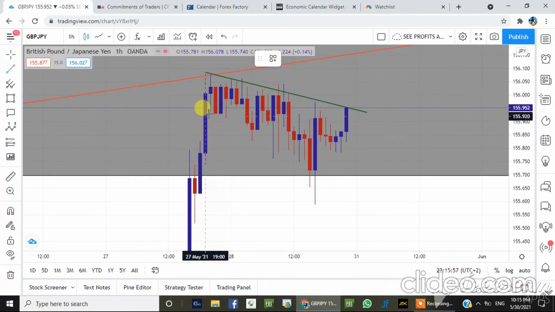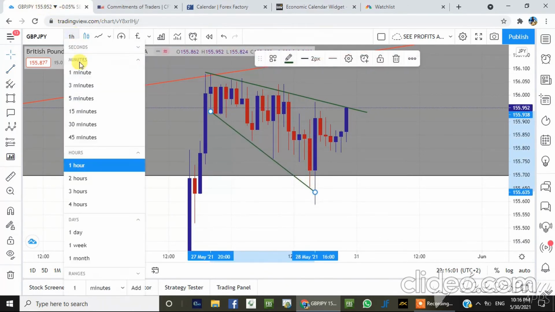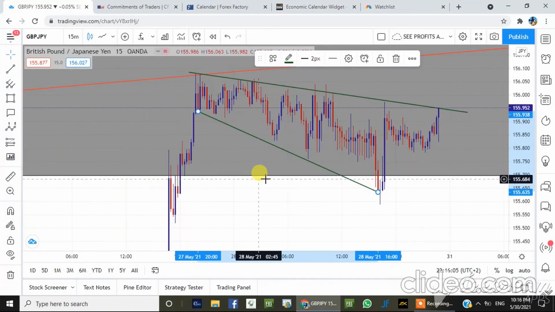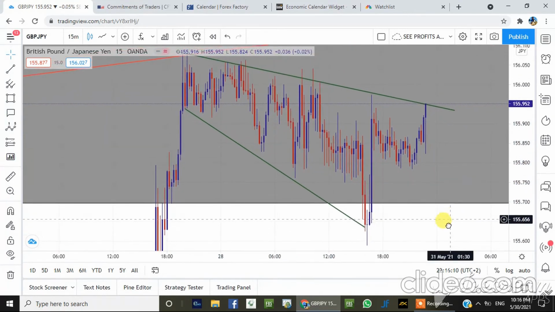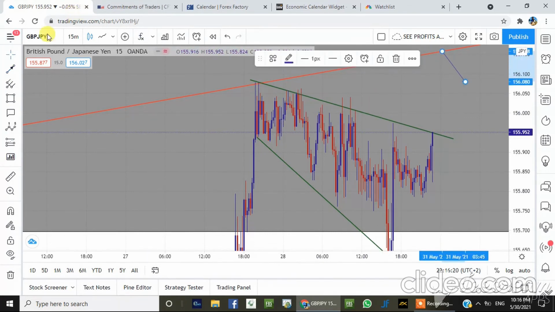I will go to a smaller time frame so that you can see. Let me go to the 15-minute time frame. You can see the market is creating a continuation flag, but I'm anticipating the market to drop either from that point, right in the trend line.